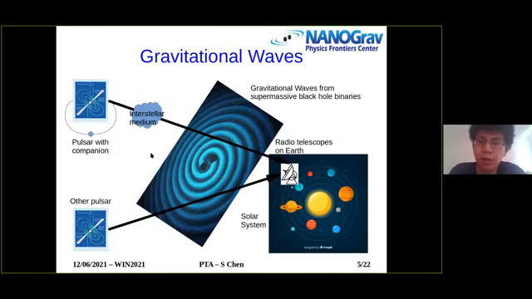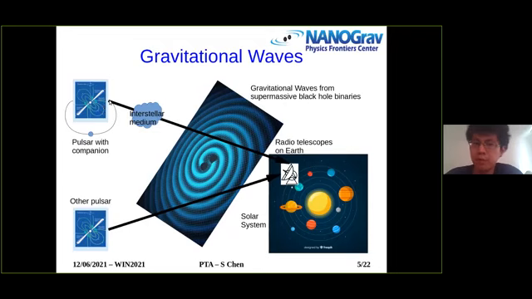And so going to gravitational waves, this is a schematic to show all the different things you have to consider and take into account when you do pulsar timing array analysis. For example, some pulsars are in a binary, so you have to model the pulsar itself and its companion and the period of this binary and so on and so forth.